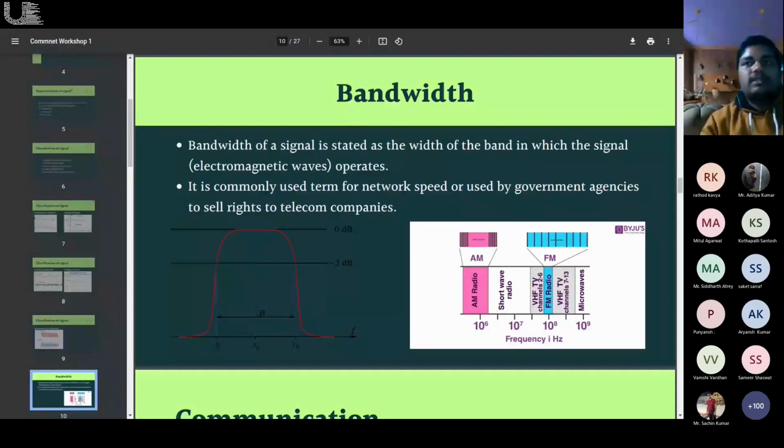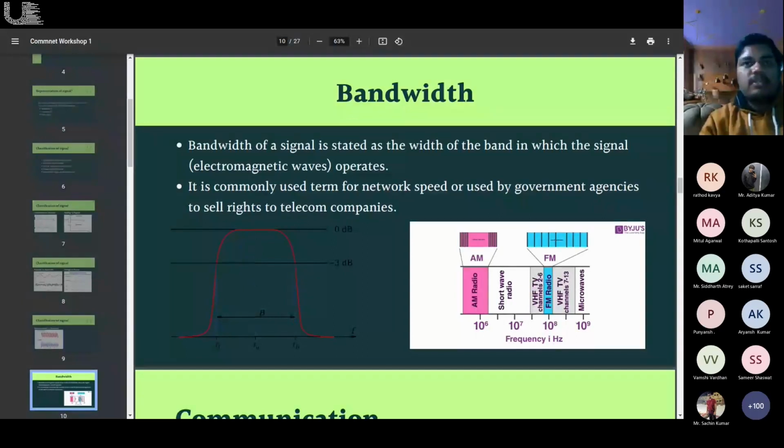Let's suppose I am talking to you and the signal is using, let's say, 1000 to 2000 kilohertz. No other signal can use that frequency, because if another signal also uses the same frequency, then there can be some error and it won't be effective.